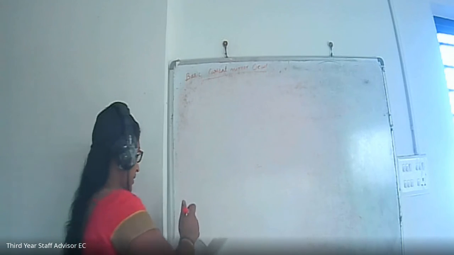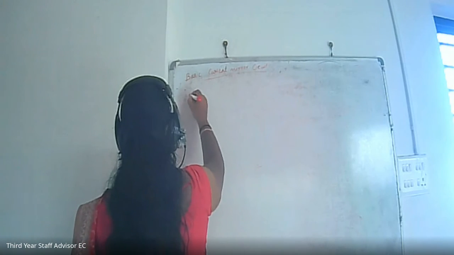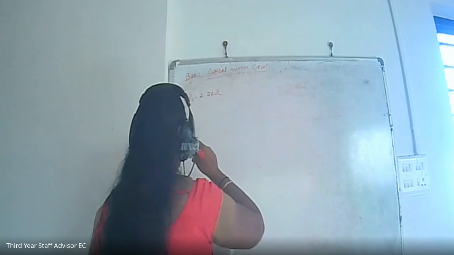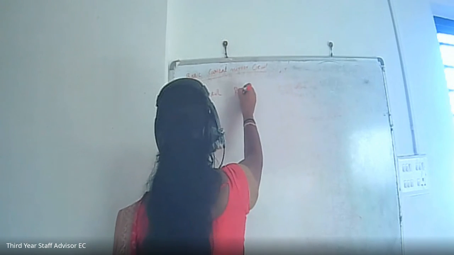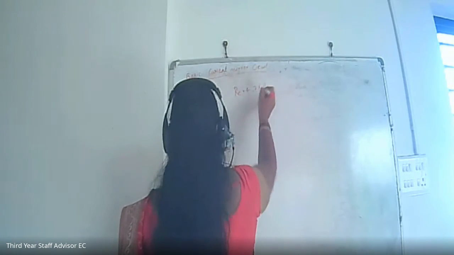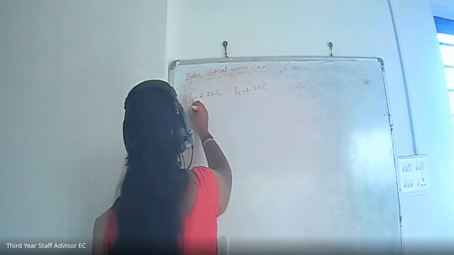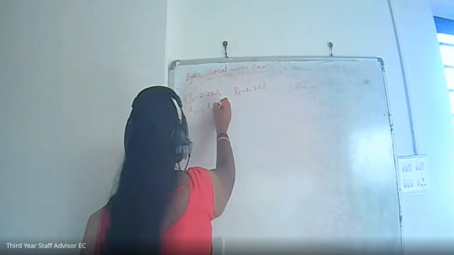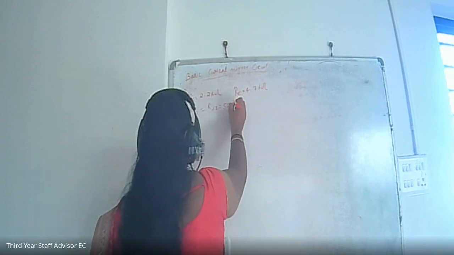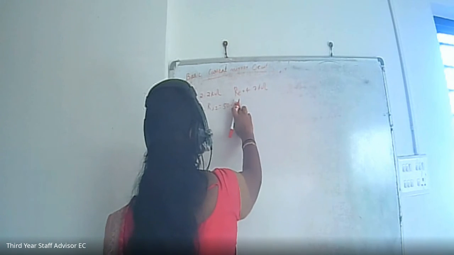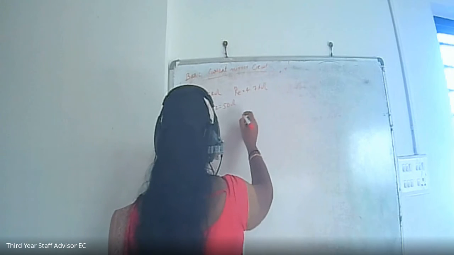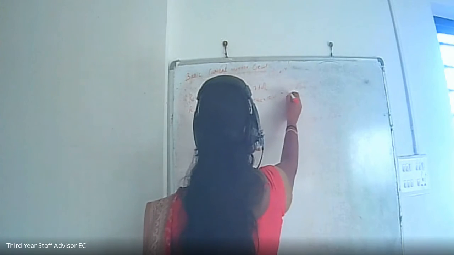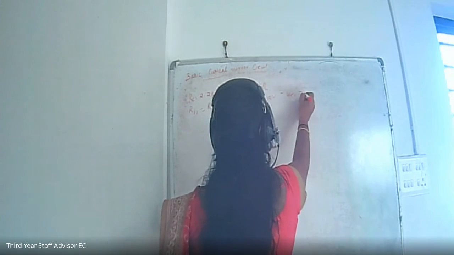RC equal to 2.2 kilo ohm, RE equal to 4.7 kilo ohm, RI1 equal to RI2 equal to 50 ohm, plus VCC equal to 10 volt, minus VEE equal to minus 10 volt.